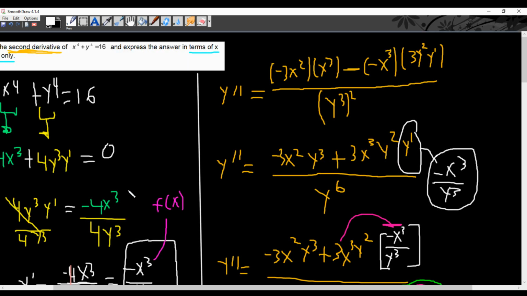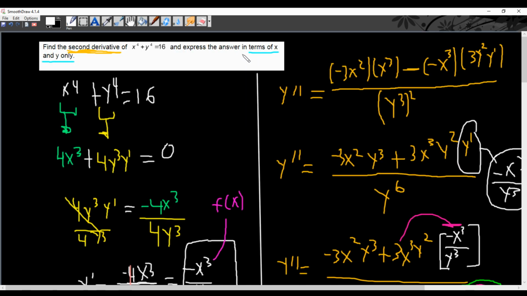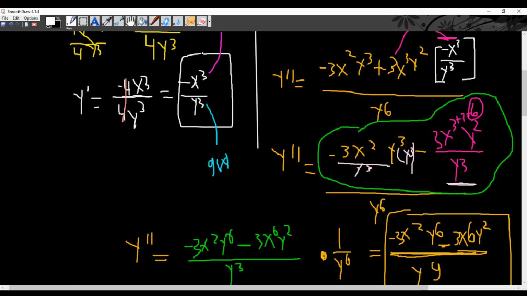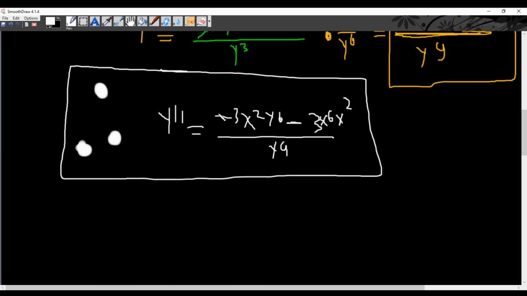I think that's it. The question here is that you have to give the answer in terms of x and y only. Well, I think that's it.